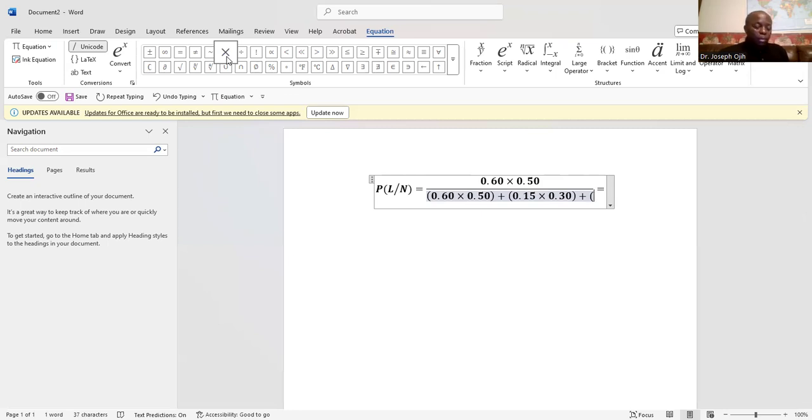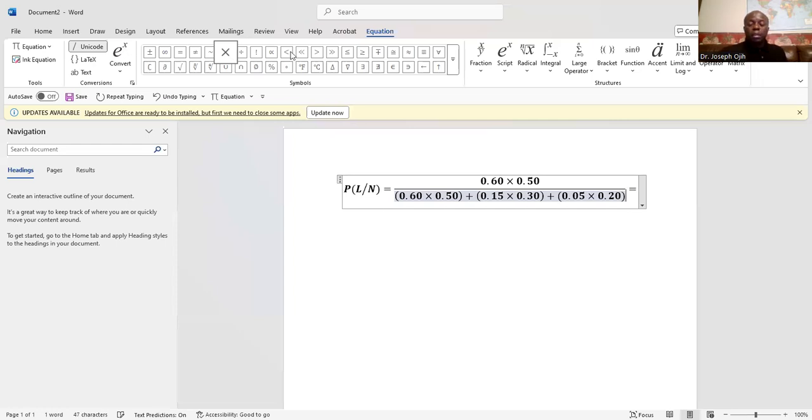Let me make sure I have everything right. Light, okay. The next one is heavy. Given heavy, I have 0.05 times the probability of heavy, which is 0.20.